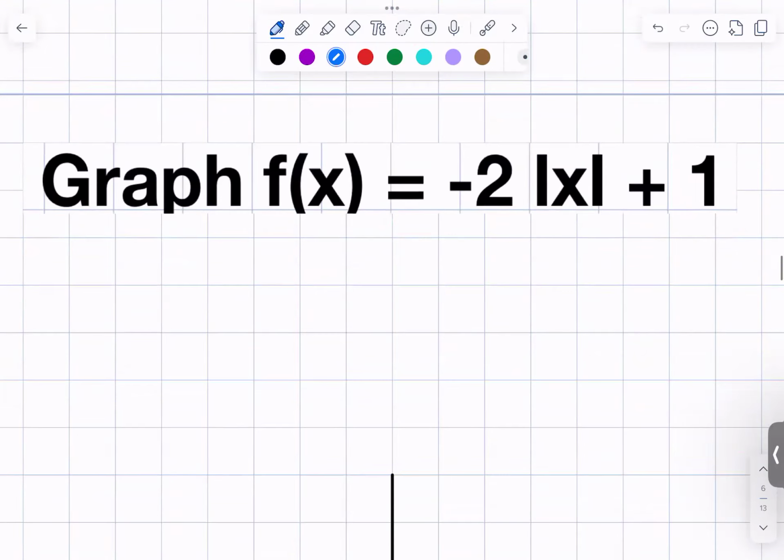So my next example is this: negative 2 absolute value of x plus 1. So my first step will be to circle, box, underline every transformation that we have, right? And so here, we have the negative.